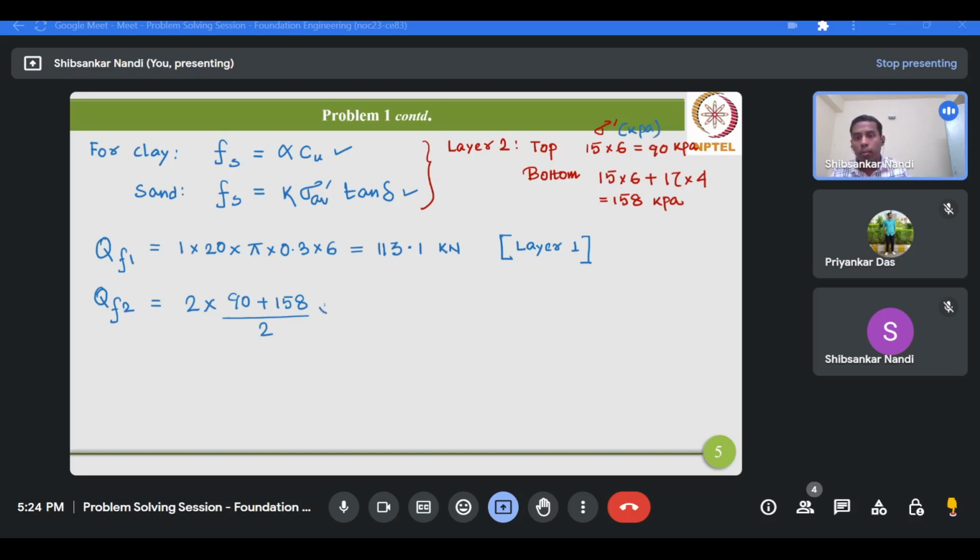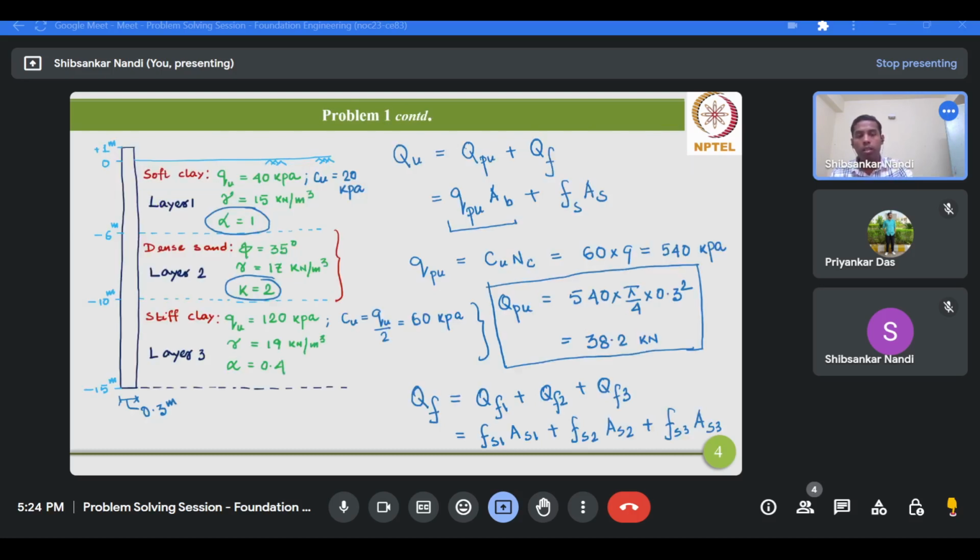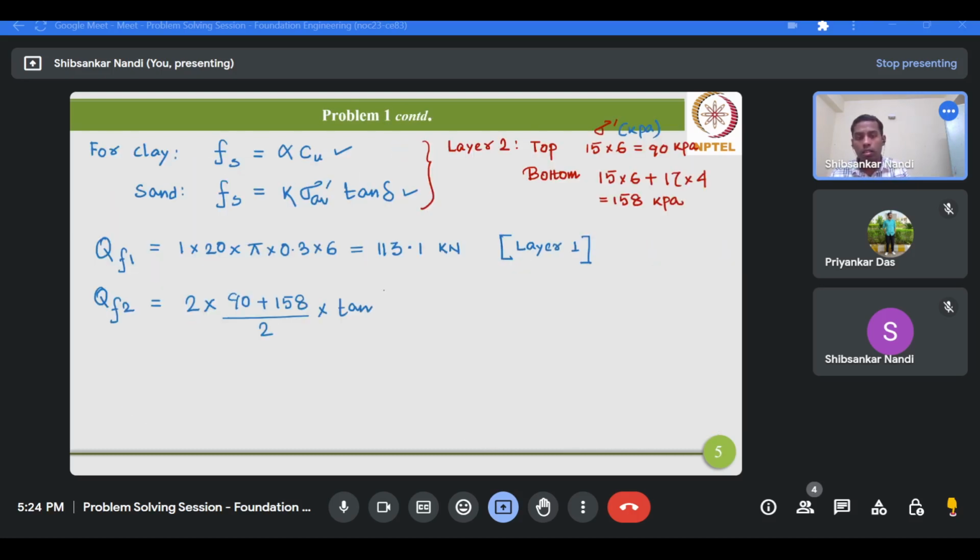Now multiplied by tan delta. Delta is given as 0.75 times phi. What is the value of phi for layer 2? It's 35 degree. So that means 0.75 multiplied by 35. This is the unit skin friction resistance for layer 2.